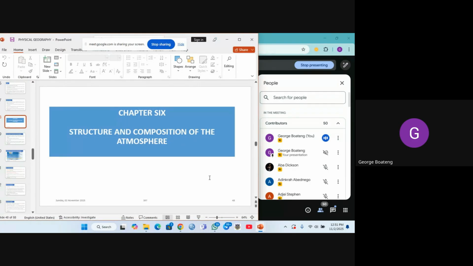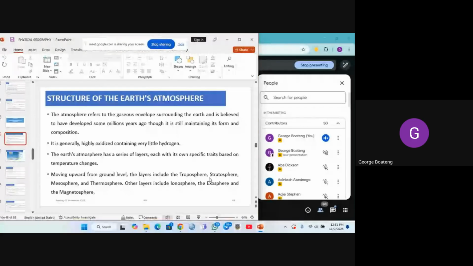So if in your room you can breathe, then that portion where the gases are tends to be the atmosphere. The atmosphere surrounds the earth because they are gases and therefore they will surround. So the gases surrounding the earth are termed the atmosphere.